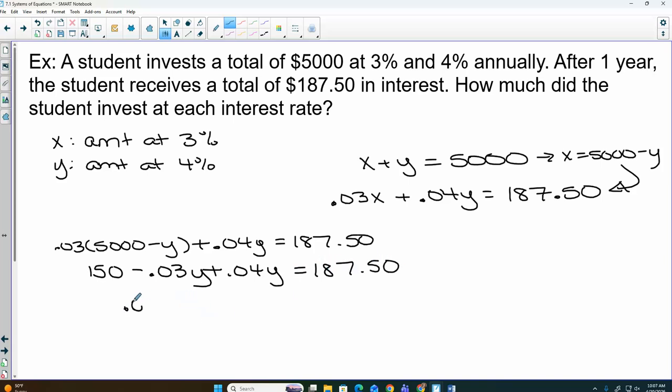Combine my y's and subtract over the 150. 3,750. Plug it in to get x.